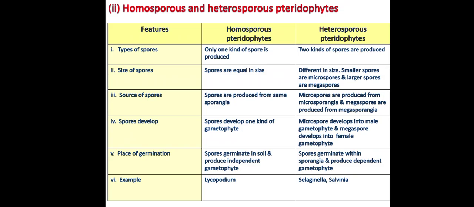Fifth feature, place of germination. Spores germinate in soil and produce independent gametophyte for the homosporous type, and for heterosporous, spores germinate within sporangia and produce dependent gametophyte. Then sixth feature, example: Lycopodium for homosporous pteridophytes and Selaginella and Salvinia for heterosporous pteridophytes.